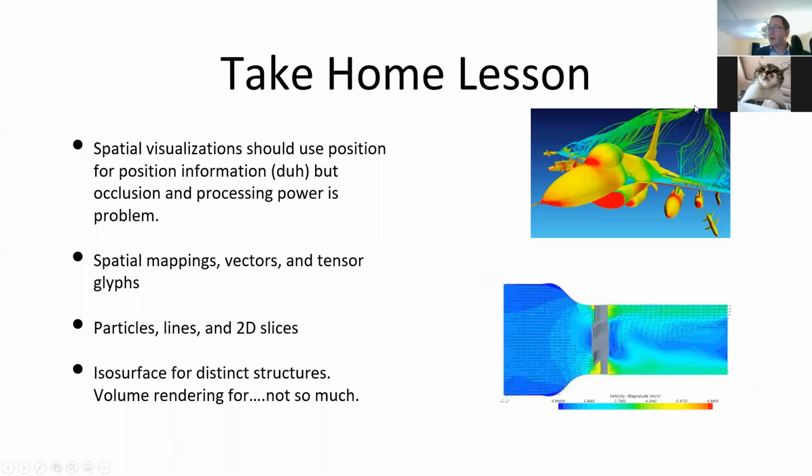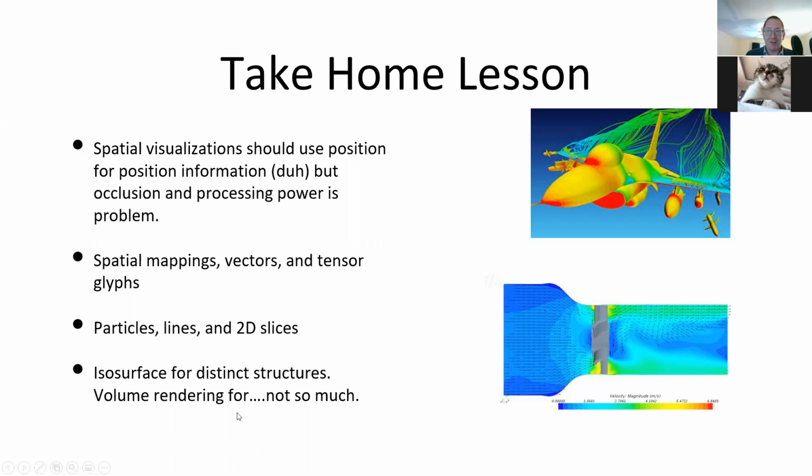We can also do particles, lines, and 2D slices of our data. We have volume rendering and isosurfaces to actually show the outside shape, how things are formed and shaped. Not showing magnitude, not showing some other attribute, but showing the actual shape of the thing you're looking at.